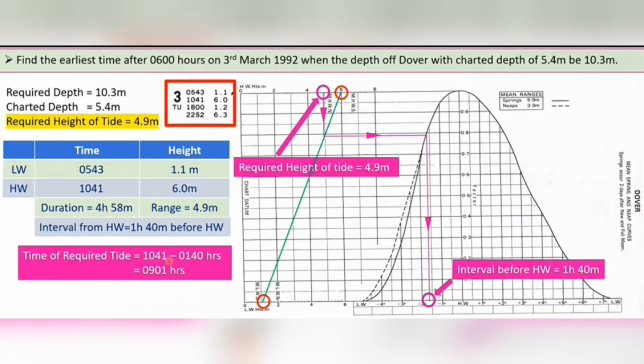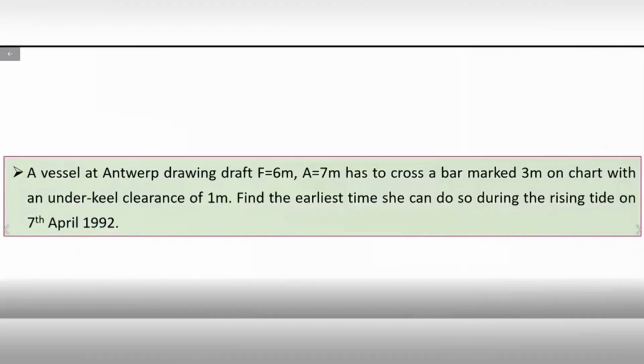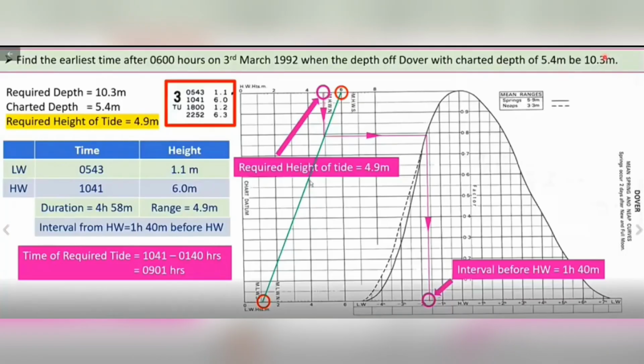So at 0901 hours, you can expect that height of tide at Dover, where the charted depth is 5.4 meters, would be 4.9 meters, making the depth of water as 10.3 meters. Okay, so at 0901 hours you will have the height of tide.